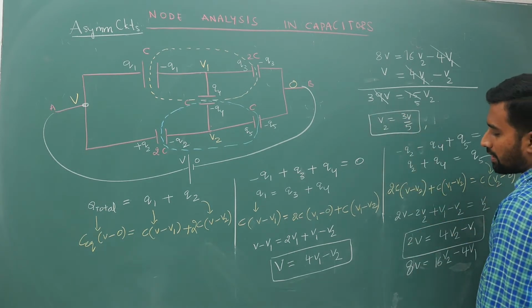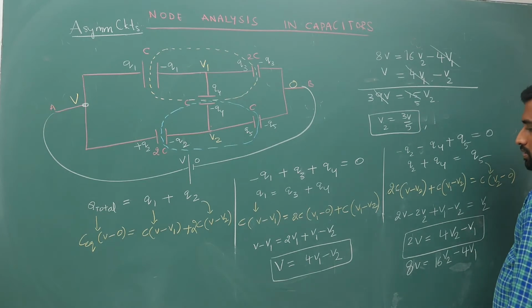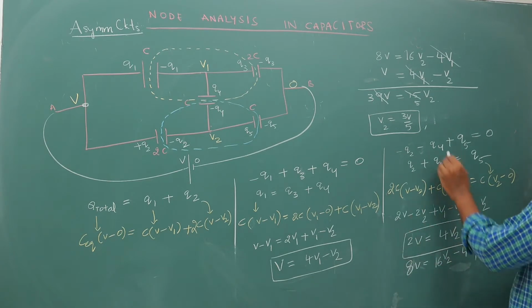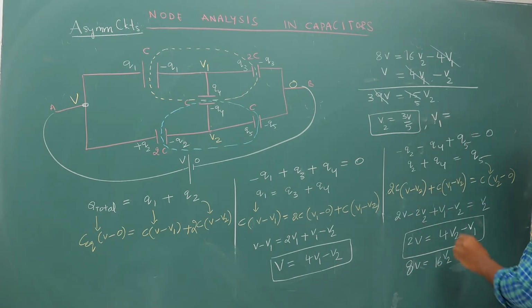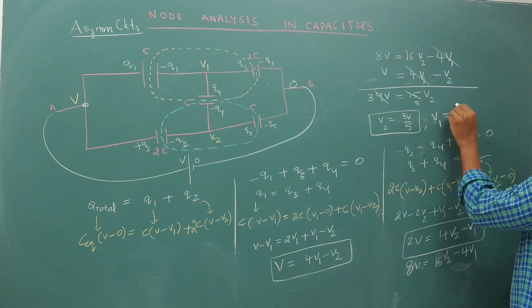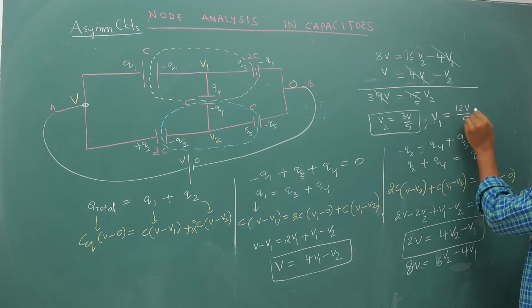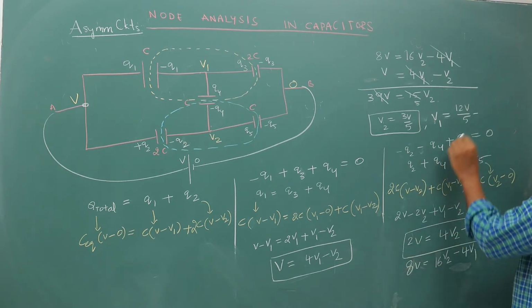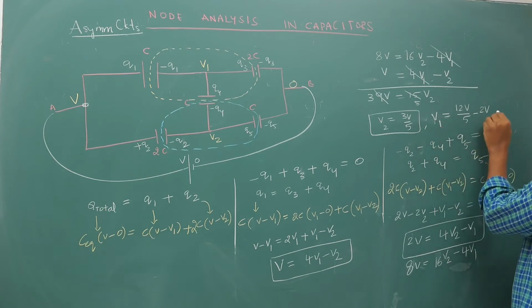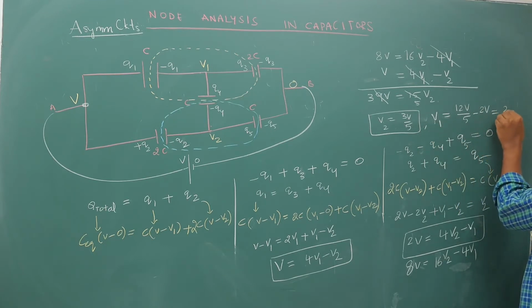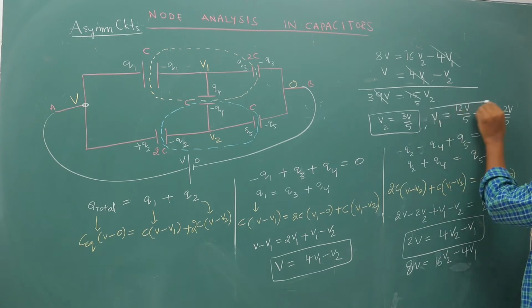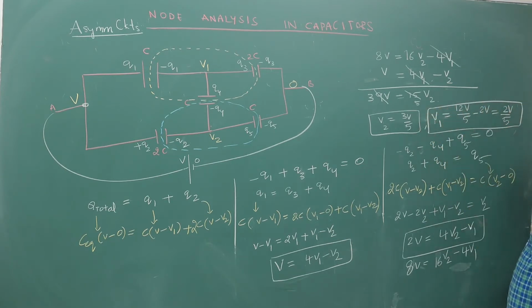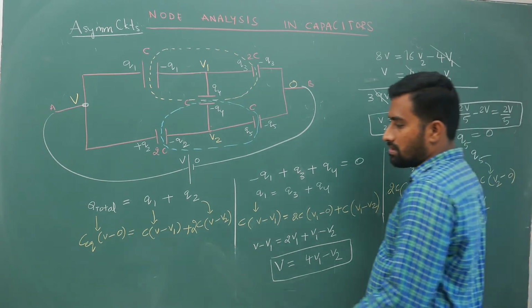Now substitute this back and get V1. From this equation, V1 is 4V2 minus 2V. 4 times 3 is 12V by 5 minus 2V. So 12 minus 10, that is 2V by 5. So you have got V1, you have got V2. Substitute it back into this equation.